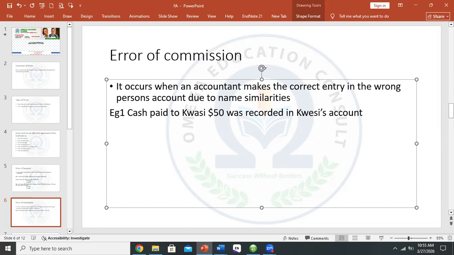Now let's observe something here. Cash paid to Kwesi with A was recorded in Kwesi with E's account. So you always have to determine who the wrong person is and who the right person is. So in this transaction, who is the true person we had to record the transaction in his account?